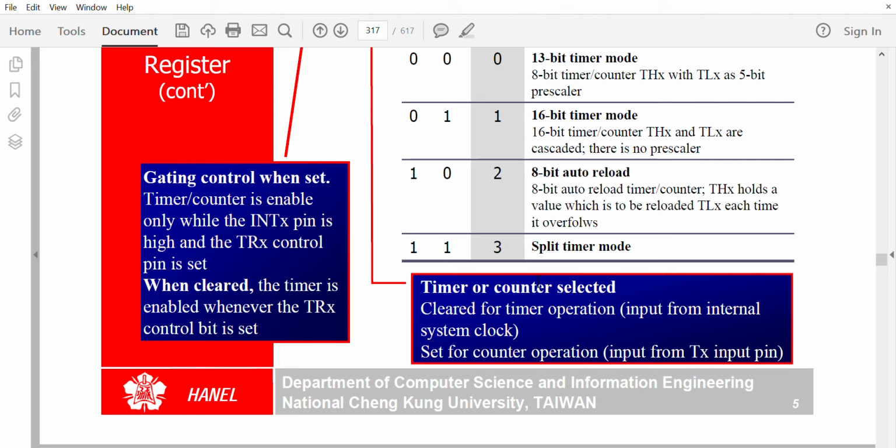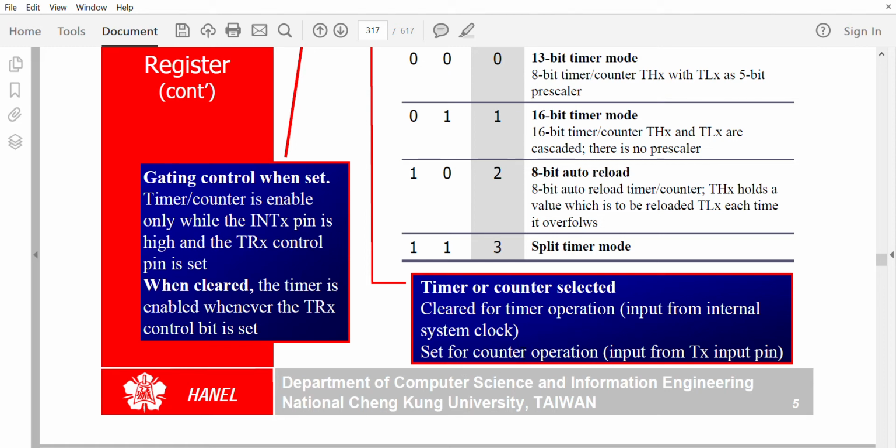So if it's 0, it is acting as a timer. And where will you get the input frequency? From the internal system clock. If C bar T is 1, then it will act as a counter. So it's either a counter or a timer: timer when it is 0, counter when it is 1.